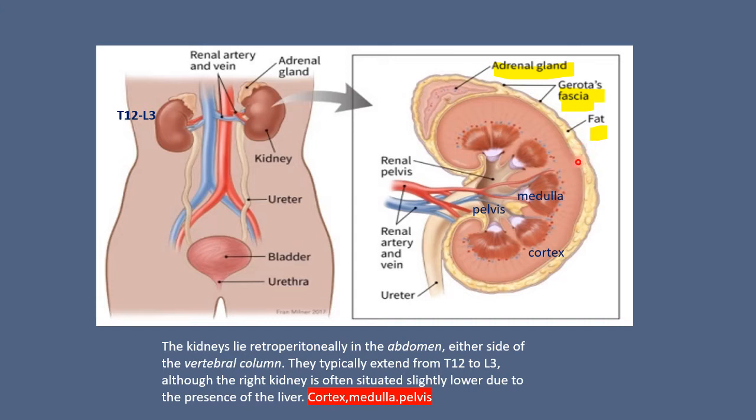This perinephric fat covers the kidney and acts as a cushion to absorb the shock of trauma. And the kidney itself is covered with another layer of thickened area known as the capsule of the kidney. So the outer layer of the wall of the kidney consists of a capsule, the perinephric fat, and the Gerota's fascia. This is very important when it comes to staging of tumors of the kidneys.